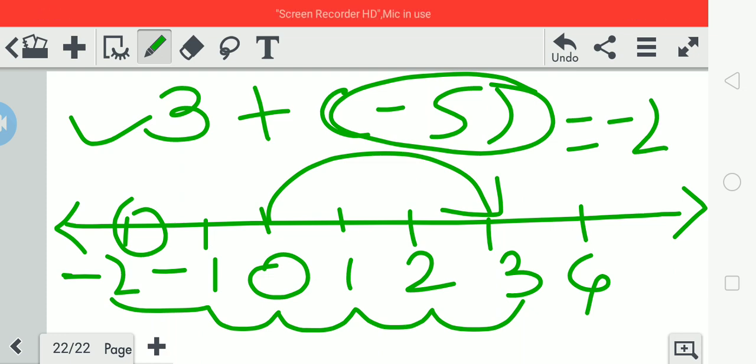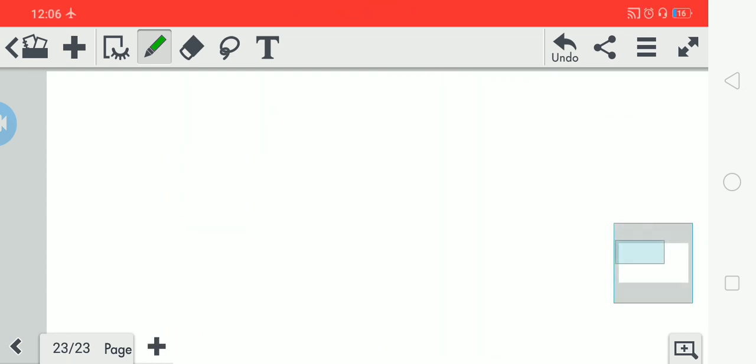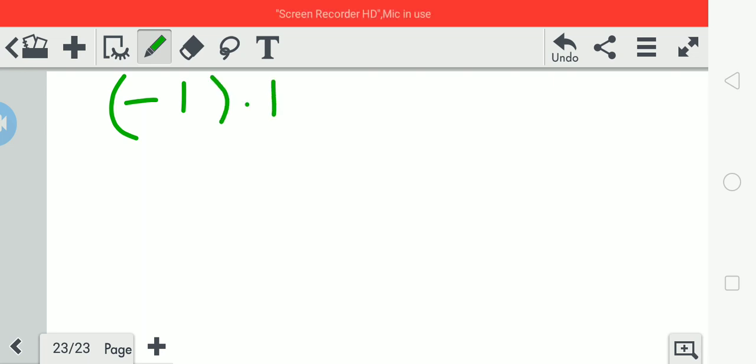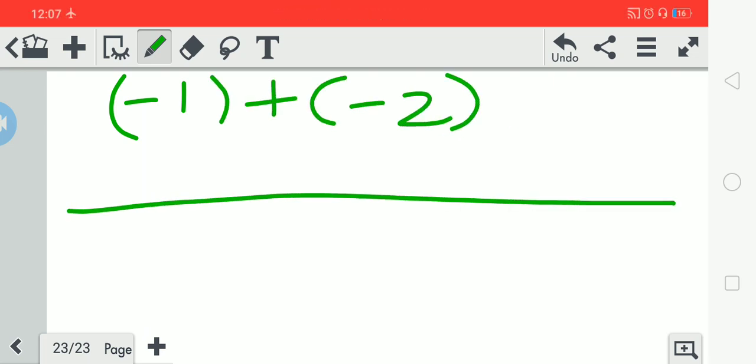These are the kind of example we have to solve. Now see student, we will take some more example for the practice, so you will get clear the idea. Now how to add minus 1 plus of minus 2, right? Here both numbers are negative, so both time you have to take a left moves.